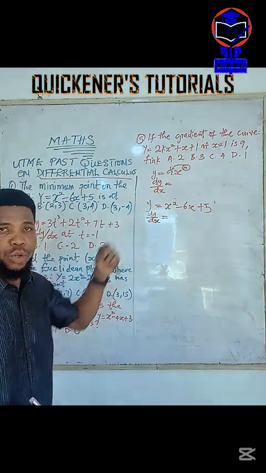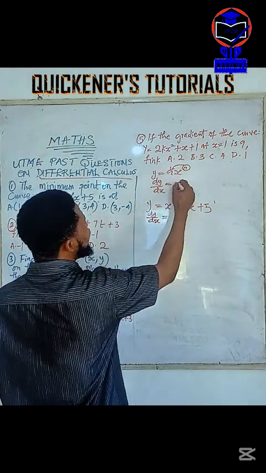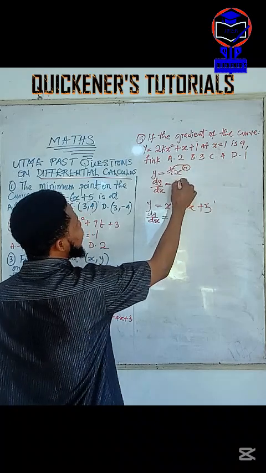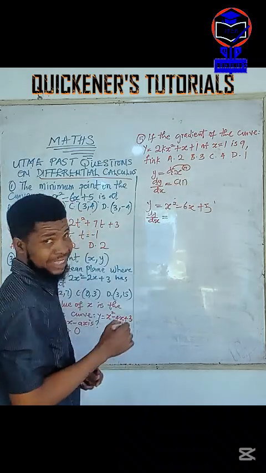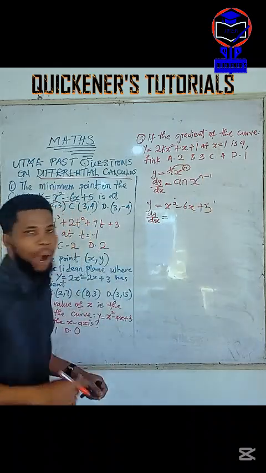Multiply the power to the what? Coefficient. I don't know if you understand me. So multiply the power to the coefficient, that will give you a times n, that will be an, right? Then the power, I will reduce it by 1.